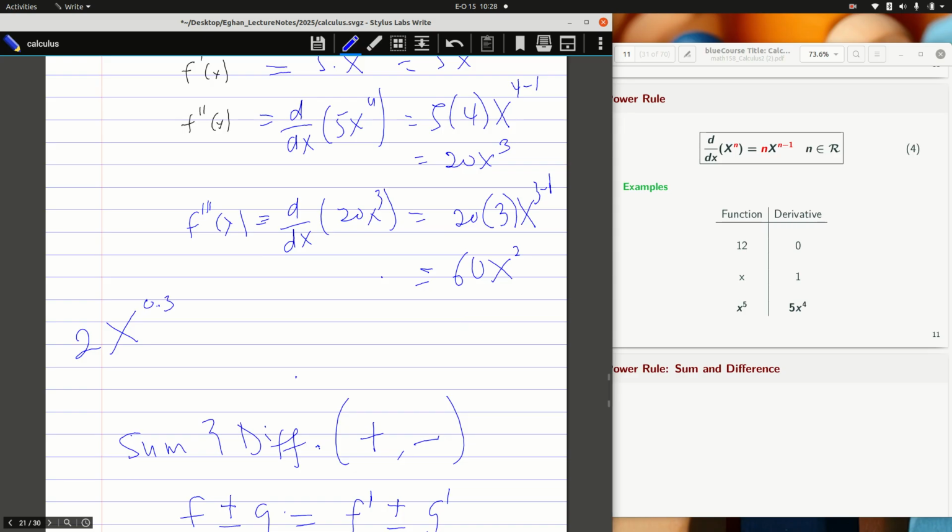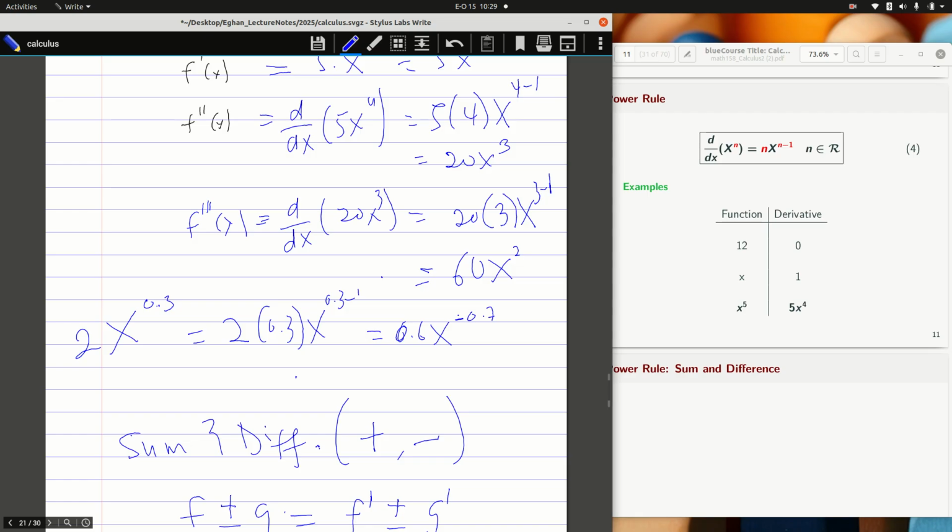It means I'm going to get 2 out here, 0.3 x to the power 0.3 minus 1, and what do we get? 2 times 0.3 gives us 0.6, so you get 0.6 x to the power negative 0.7, and so x can be any number at all. Yours is to be able to use the power rule.